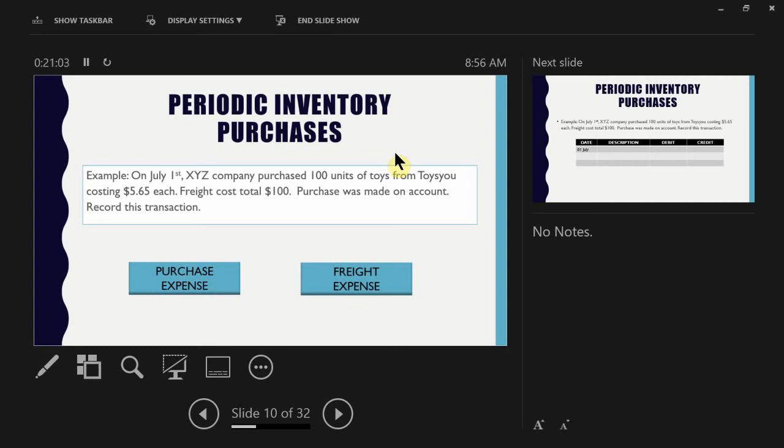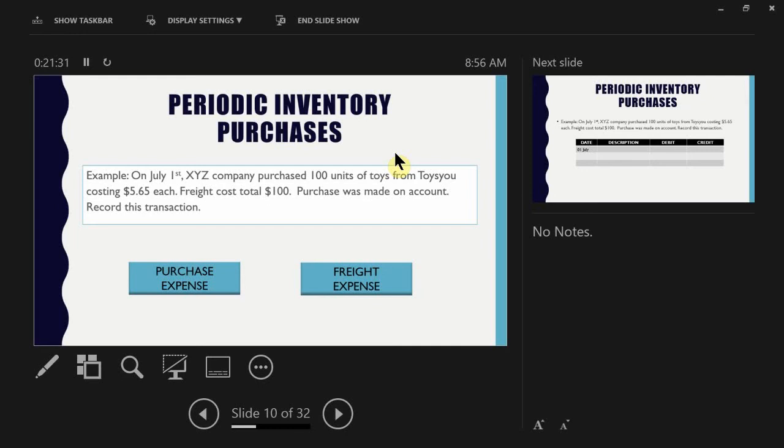Now, however, for this course, for those who are newer to this kind of idea, we are not going to be testing you on anything other than freight expense and purchase expense. Just because, if you are the inventory manager, then yes, you will deal with all of these things.